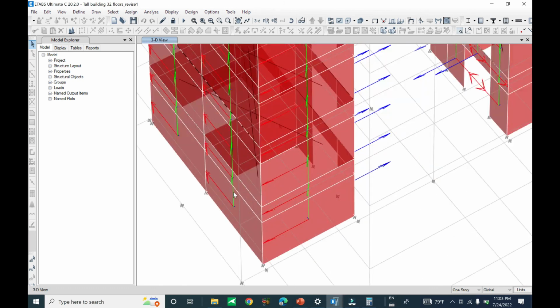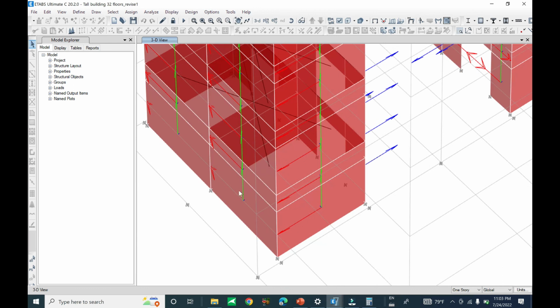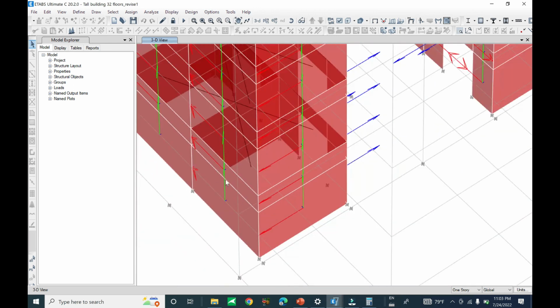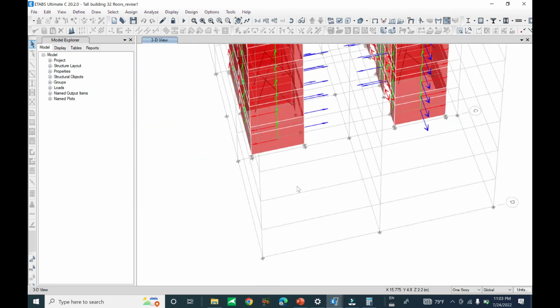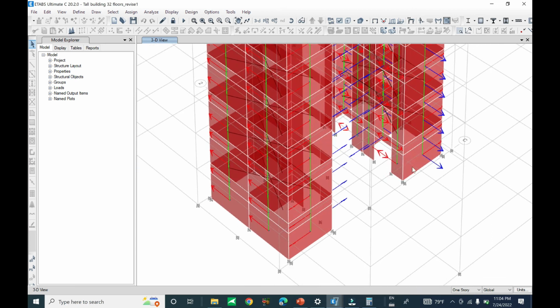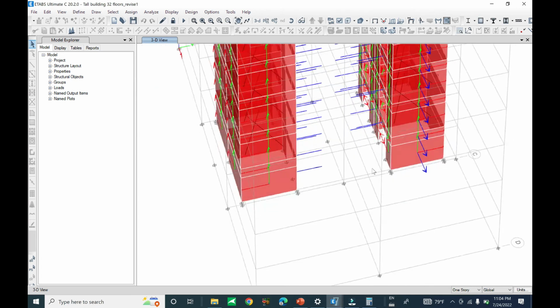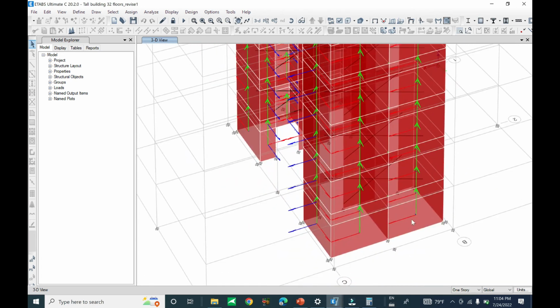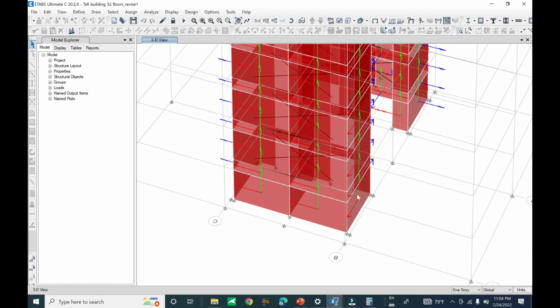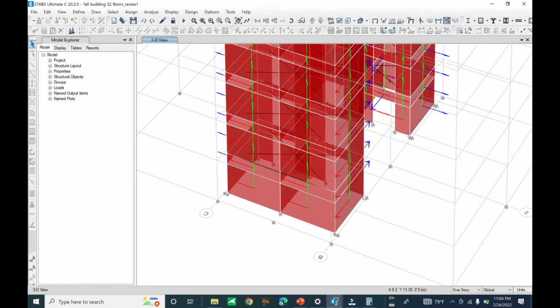For me, I can check it easily. I know the sign convention of the software. You can check the sign convention for the local axes and how to verify it. Now for this panel, the local axis Z, or local axis 3, is outside, and for the other panels it is inside.